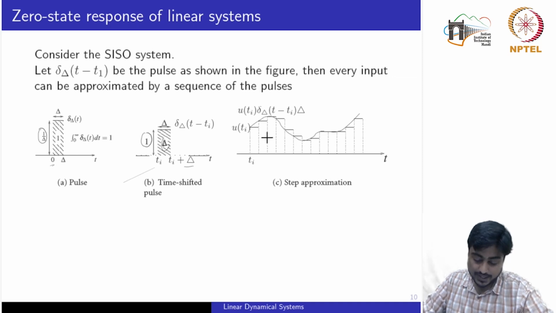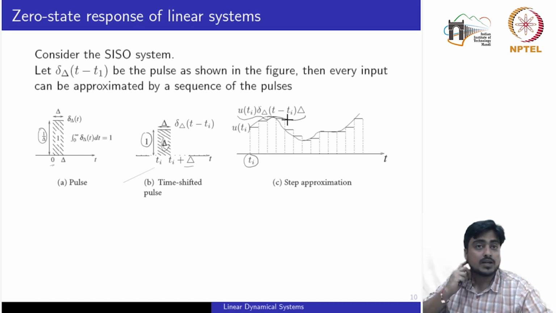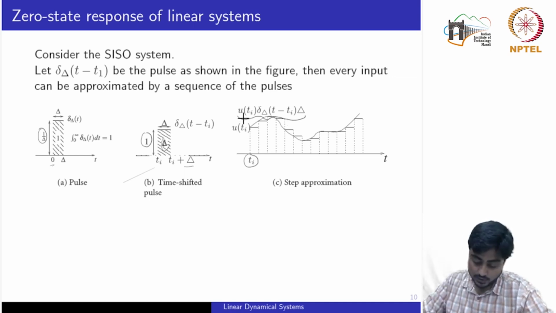Now if we take any input signal, which is a continuous time signal, and we multiply that signal with this pulse, and we need to know the value of the input signal at time ti, then this input variable is defined by this equation, u of ti into delta of capital delta t minus ti into delta, and we know that this part is equal to 1, right?